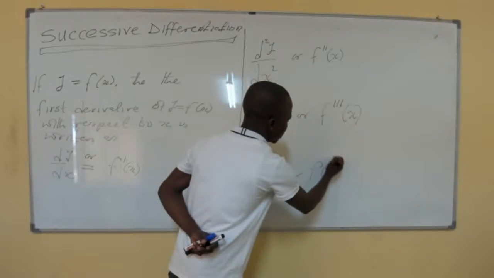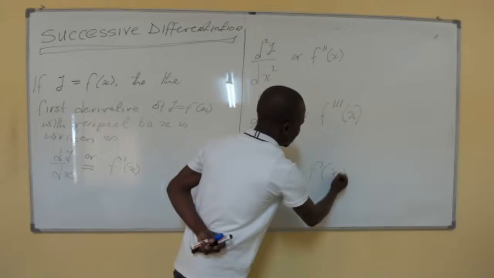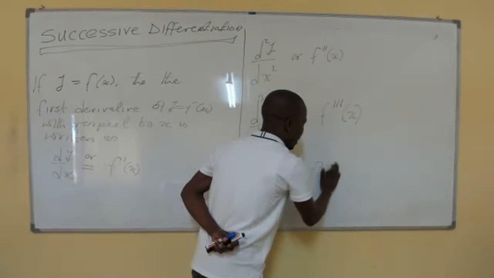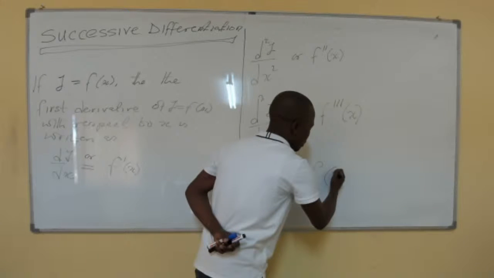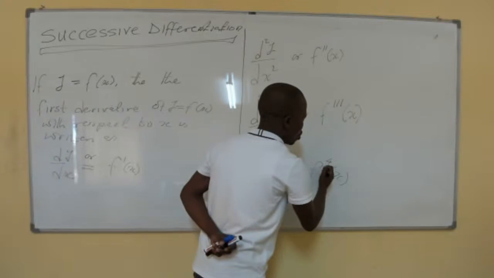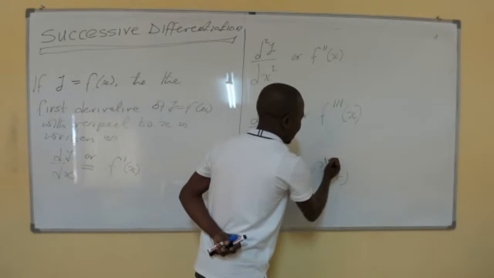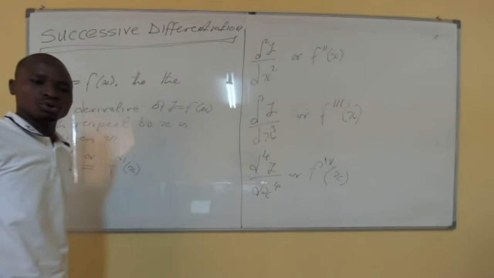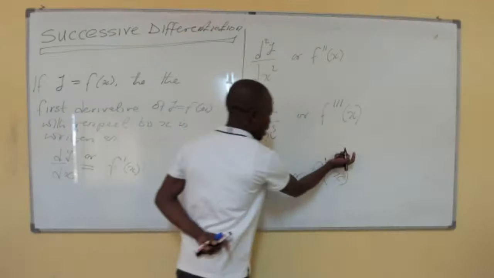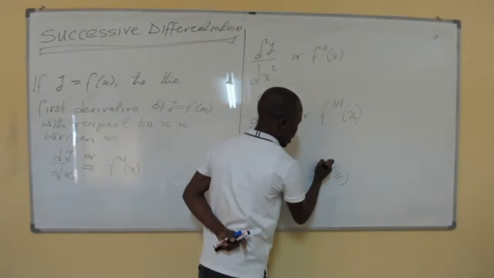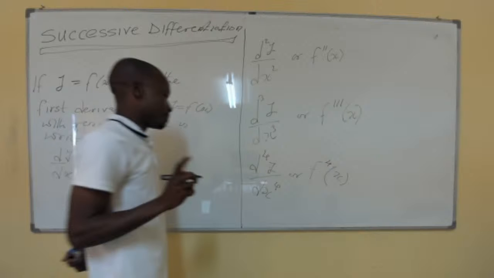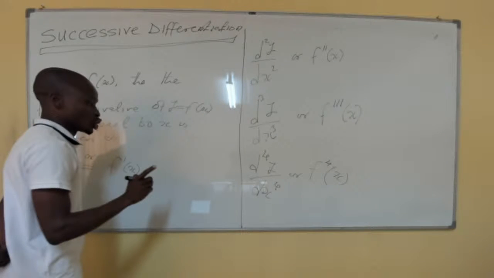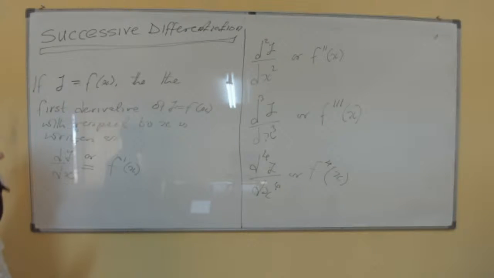Now, instead of putting triple prime and so on, what you usually do is use Roman numerals, or Arabic numerals, so we put 4 there. Last time I mentioned that there's a difference when you are dealing with functions in calculus.